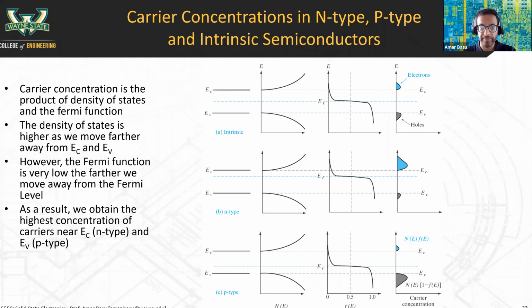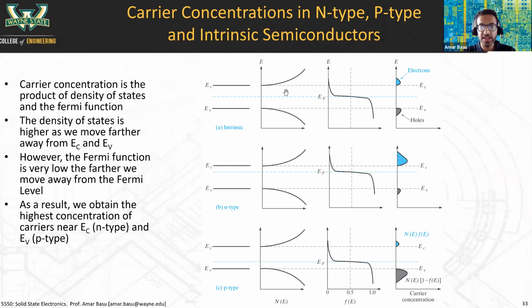We know that already. Next is the density of states. Notice the density of states function is exactly the same for all of the semiconductors. It does not change depending on dopant. The function is identical, they're all the same. The Fermi function is what changes.